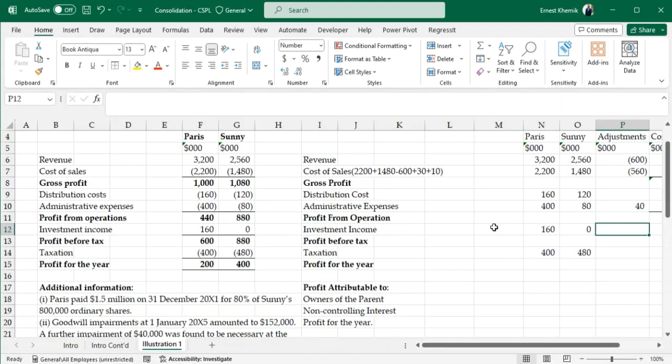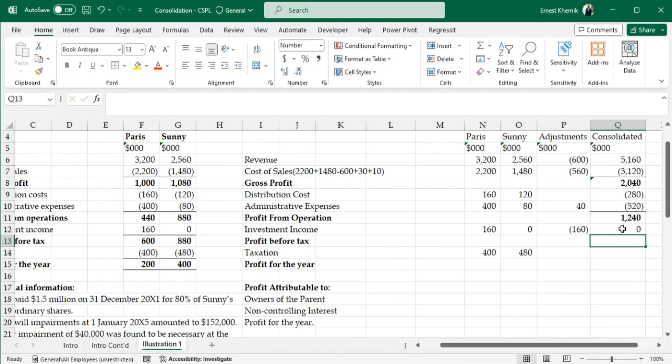So what we've got there is that we are going to have negative 160 here, and that is going to bring the effect, sorry, this is 160, and that's going to bring the effect to 0. So I'll have my alt equals, and that's going to be 0 there.